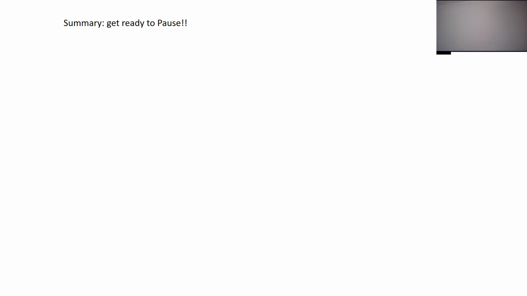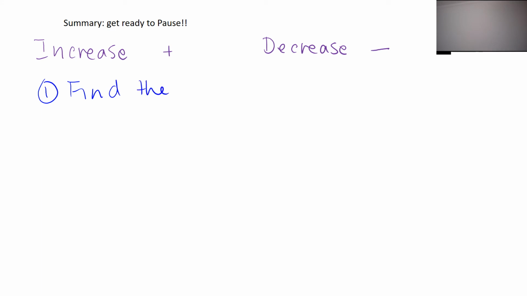So the first thing I need to know is increase means you add, and decrease means you subtract. Basically, the first thing is to find the percentage of the original.